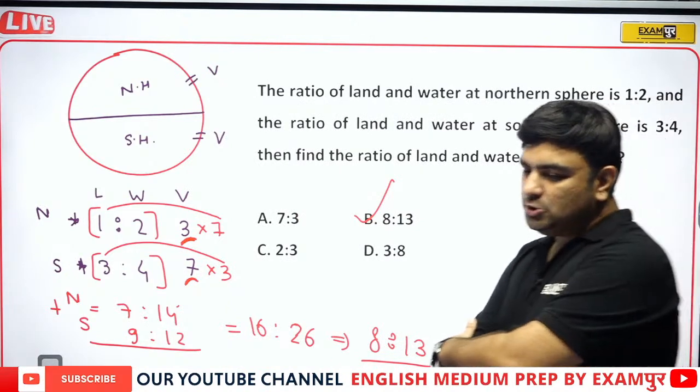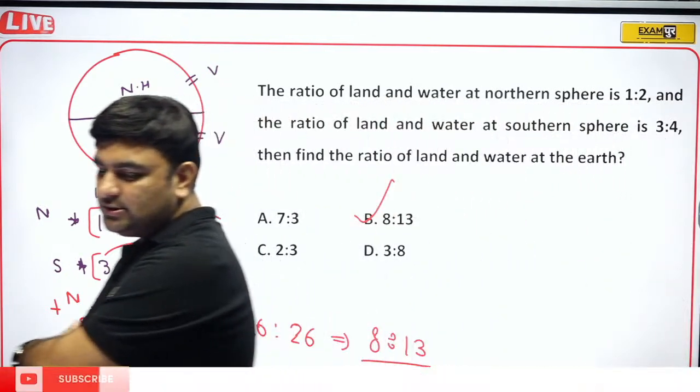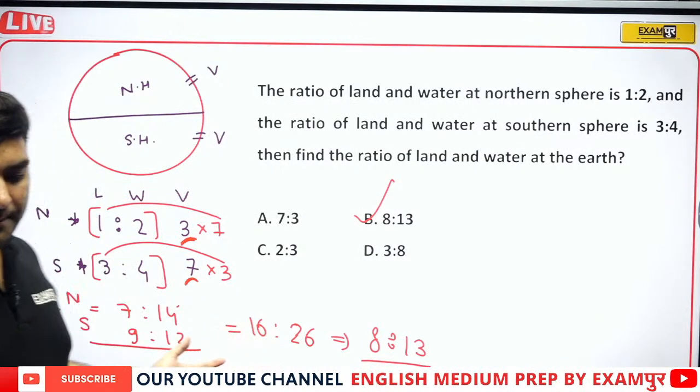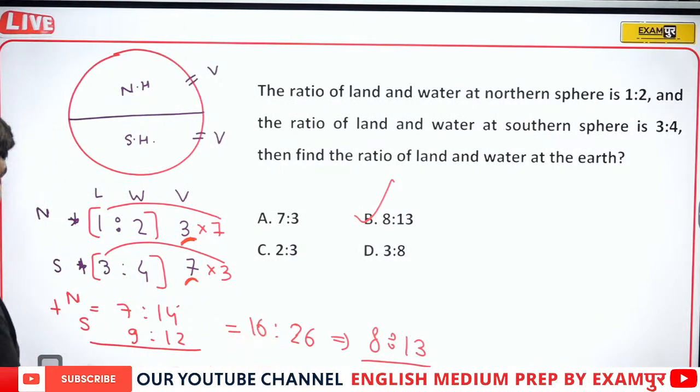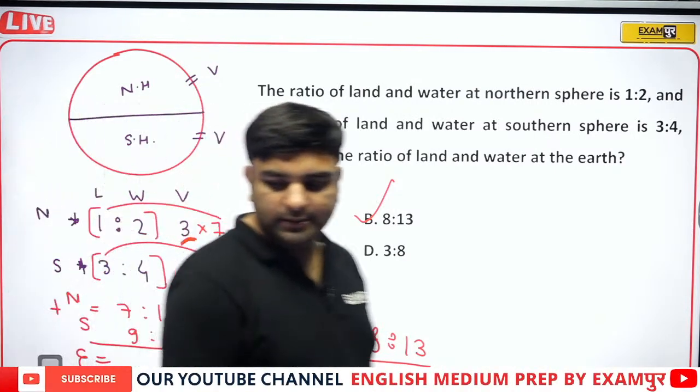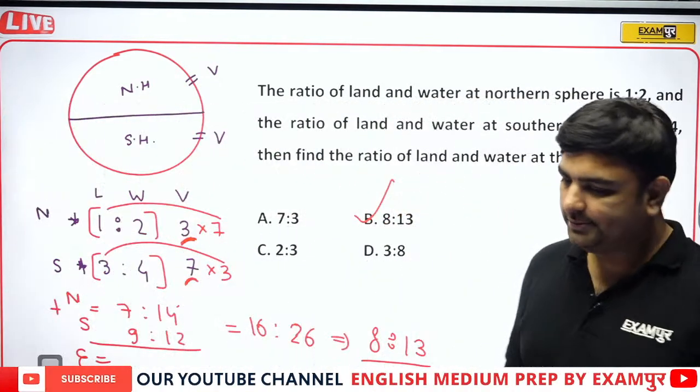Okay, so the sum of the northern and southern hemisphere after getting them balanced would be equal to the total earth.